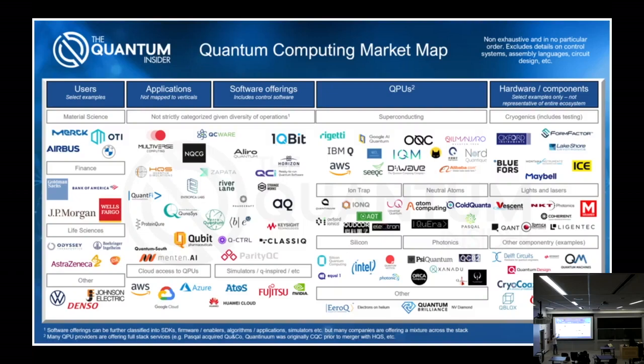Then you have the companies that are developing software and other pieces that are going to be essential to making quantum computing useful. Then you have the people actually developing the quantum computing platforms. And then you have people building things that are going to be necessary for putting a quantum computer together. So these ones in the middle we'll talk a little bit more about.